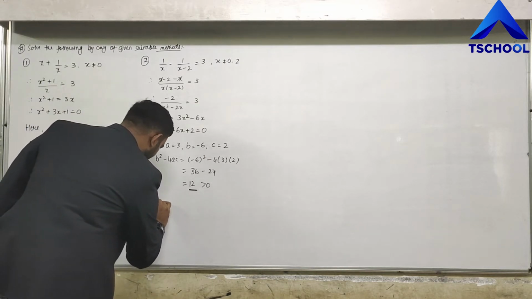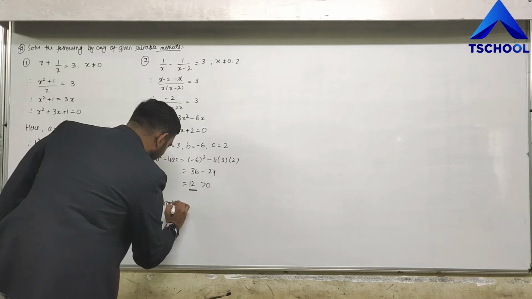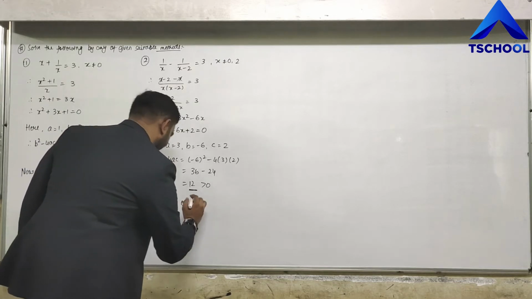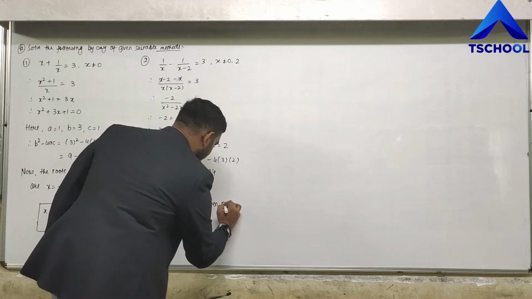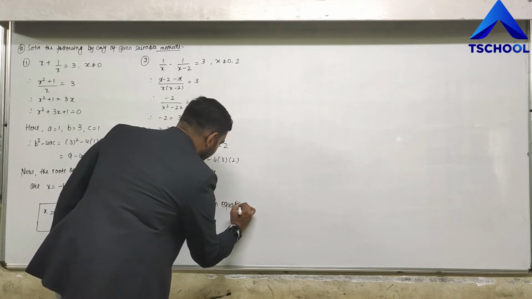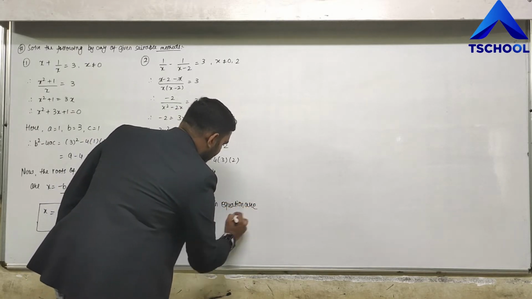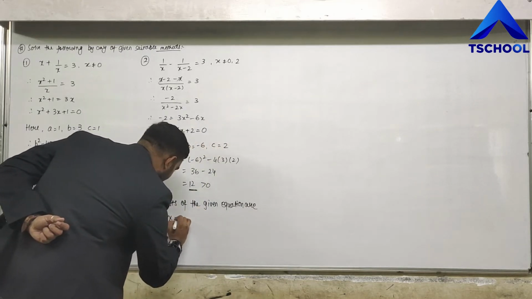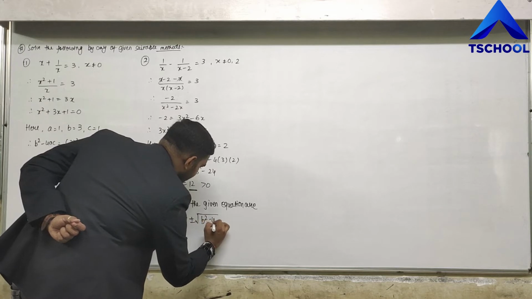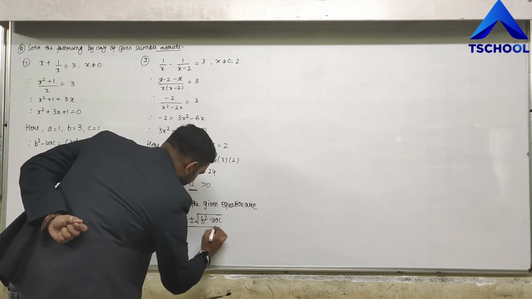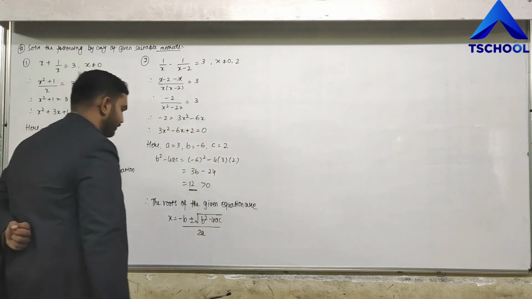Therefore the roots of the given equation are x equals minus b plus or minus root b square minus 4ac upon 2a.